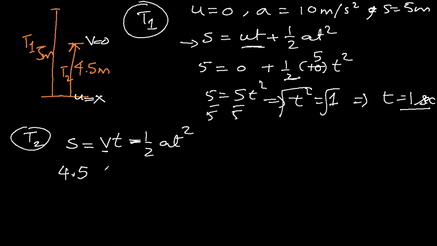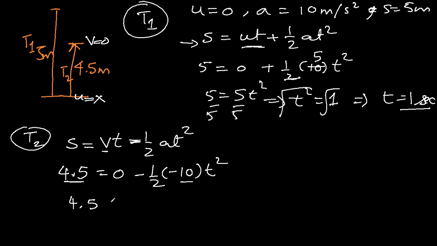So we know it raised a height of 4.5 meters, v is 0 again, minus half, and this time the acceleration is downwards because the velocity is moving upwards. We have taken 4.5 meters upwards, so acceleration is downwards, so we have to change its sign, t squared.